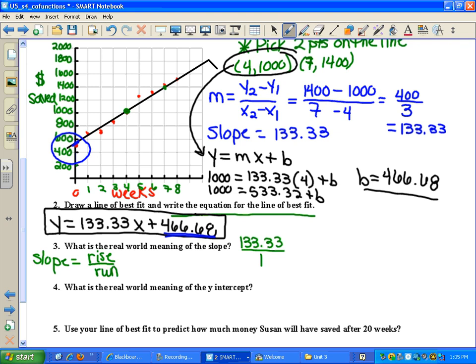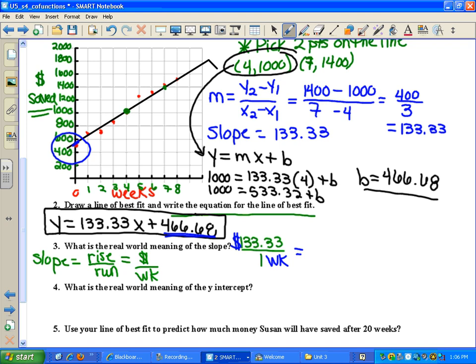So the rise is how much we go up. Well, if we look at our scale, we are going up in terms of money, and our run, we are going over in terms of weeks. So I'm going to put those units on my slope. This is going to be money, and this is going to be weeks. Well, let's think about what that means.